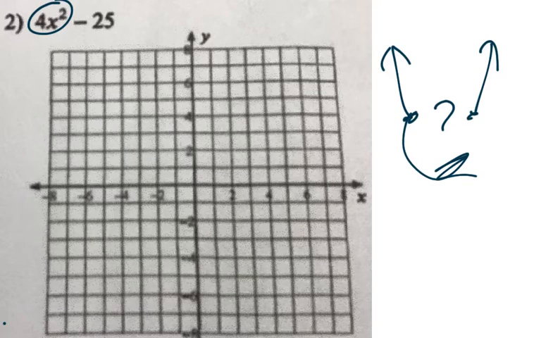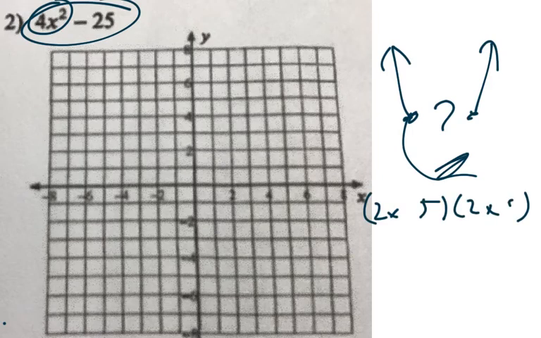The way we do that is, do you agree I can do 2x times 2x, 5 times 5, a plus and a minus, and now set that equal to 0?